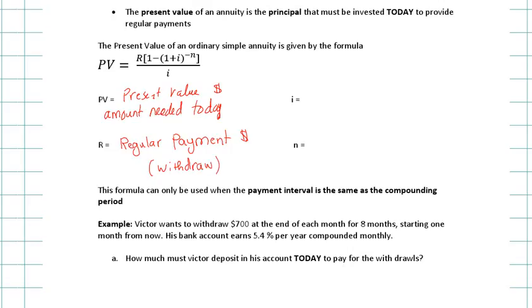i is the interest rate per compounding period, so it's the same idea, where you have to divide your rate by big N. And n is the number of compounding periods.